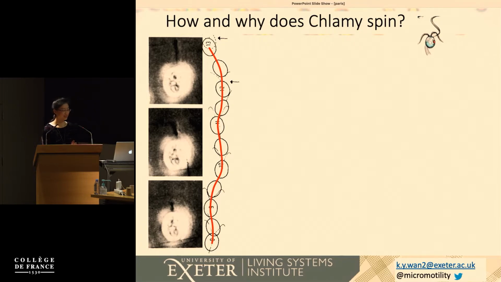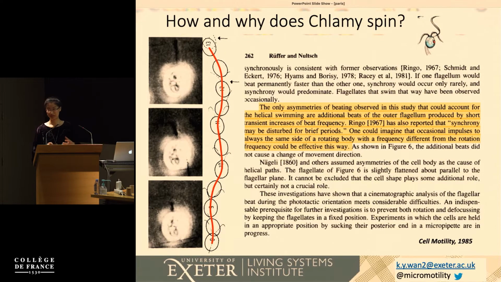And the authors at the time hypothesized that this rapid rotation was probably due to some stochastic asynchronies between the 2 flagella. But if you think about it, this cannot be, because a helical swimming mechanism requires some evidence of periodicity, whereas stochastic transitions between the 2 flagella are not periodic.